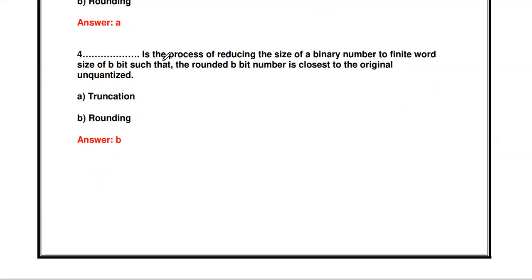Then the next one: dash is a process of reducing the size of a binary number to a finite word size of b bits such that the rounded b-bit number is closest to the original unquantized value. This process is called rounding.